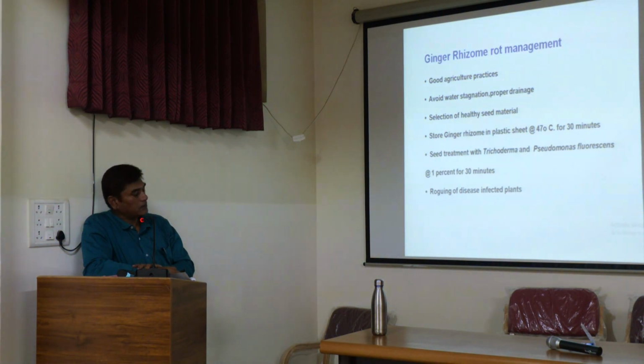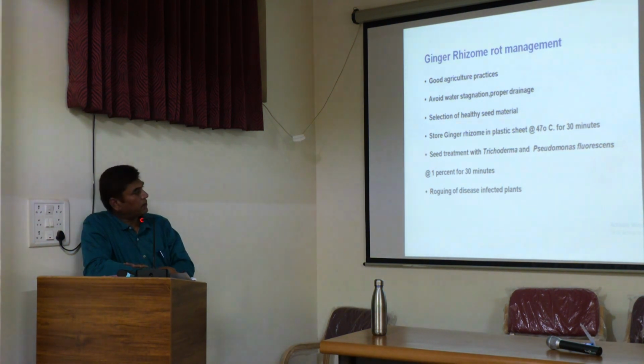Again, ginger rhizome rot is a very important disease in case of ginger. Good agriculture practices include land preparation, date of sowing, and selection of the land, everything. One more key factor is selection of healthy seed material.